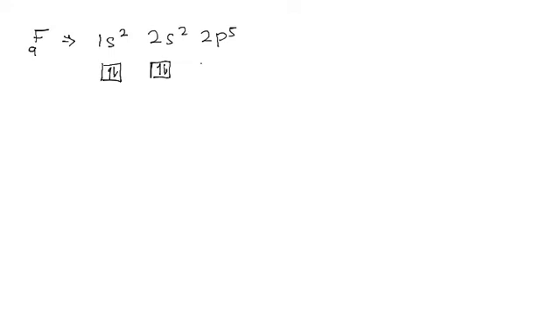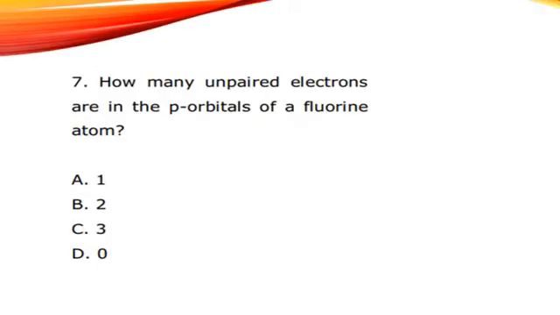For the p orbital, there are 3 orbitals: 1, 2, 3. The electrons enter singly before doubling up: 4, 5. So we are left with just 1 unpaired electron. Therefore, our answer will be A, 1.